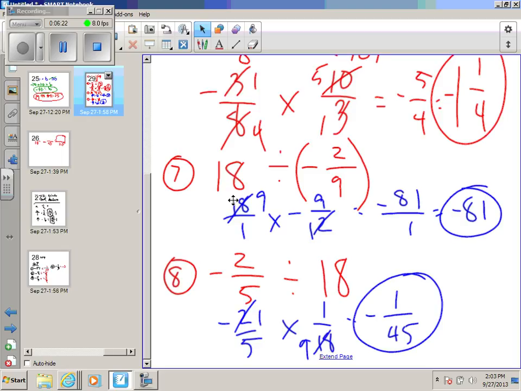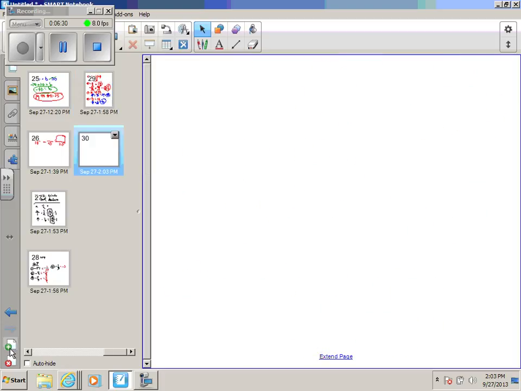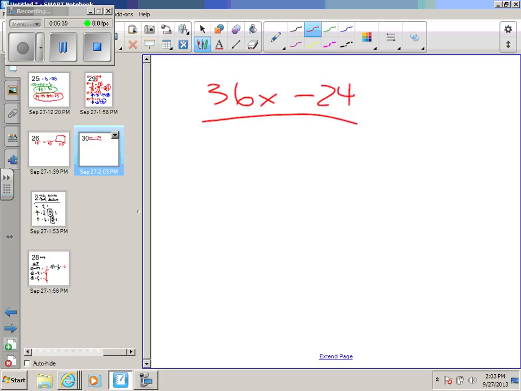Okay. Let's see. 36x minus 24, all divided by a 6. What do I need to find out? I need to find out the value for x, or simplify.